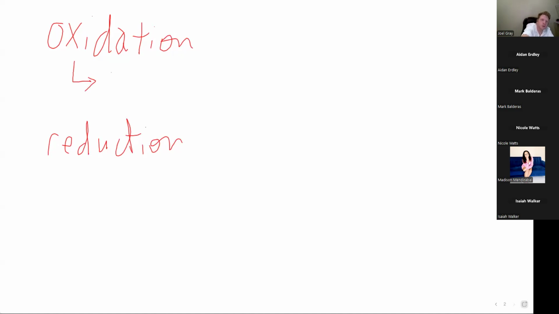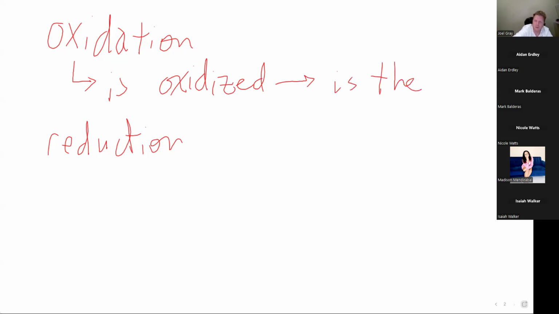So is oxidized. When something is oxidized, it is the, and this is where it tends to get a little bit confusing, I'm going to say reducing agent.